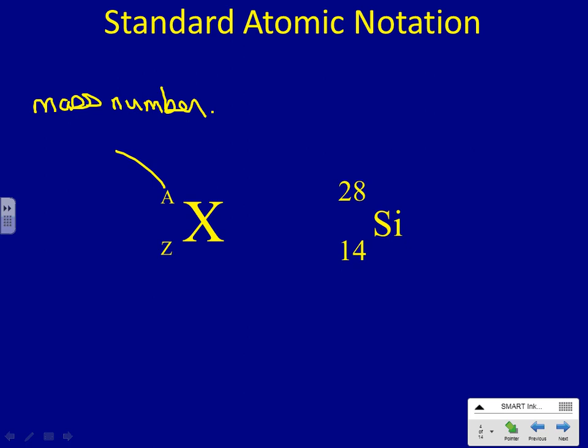I'm not going to write it yet. Z is the, yep, it's the atomic number. The atomic number. And that bothered me right when I first learned it. Why would you give the letter A to the mass number and the letter Z to the atomic number when atomic number starts with A? I hate that. Drives me crazy.